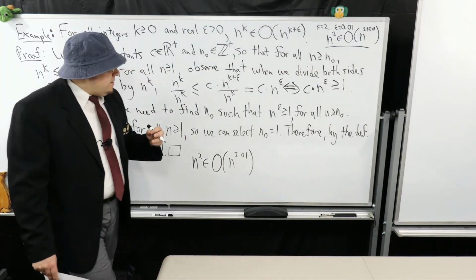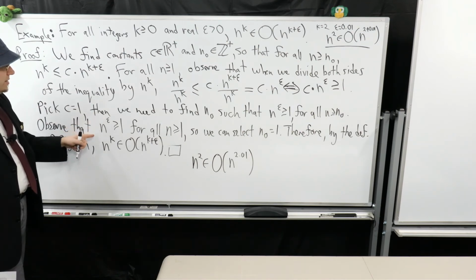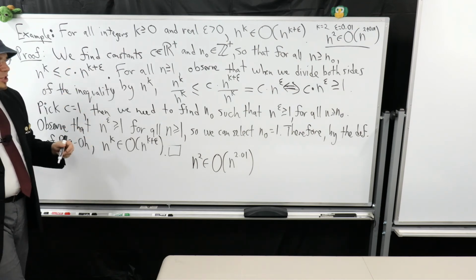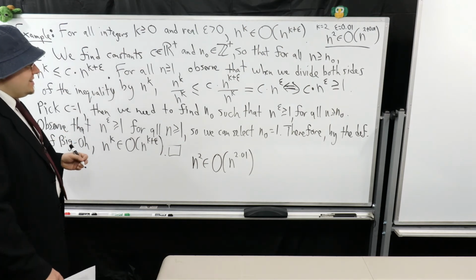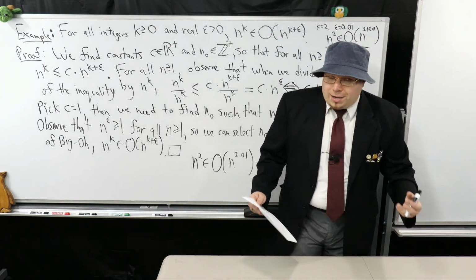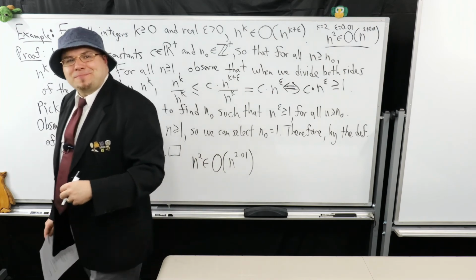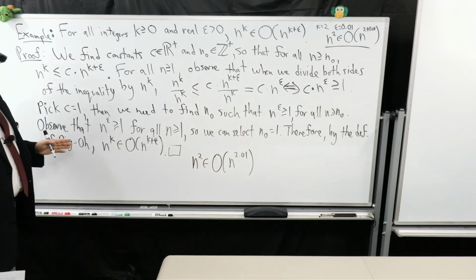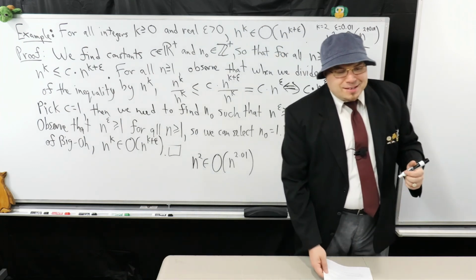All I did was invoke the fact that this polynomial for this fixed epsilon is an increasing function, and I know what its value is when n is equal to 1. It's 1, no matter what epsilon is. And it's increasing, so it's never going to be less than 1. That's all I'm doing here, and that should wrap things up with this example.